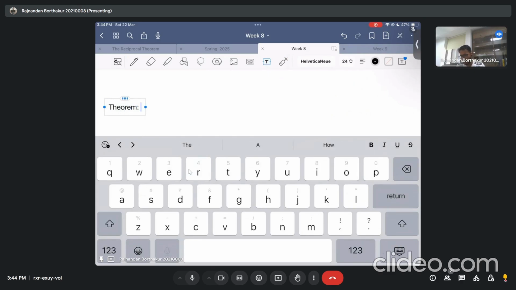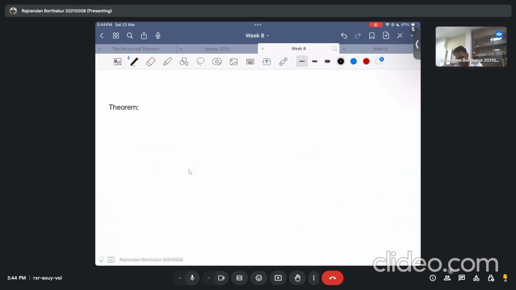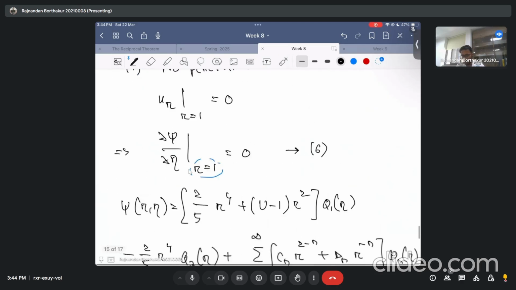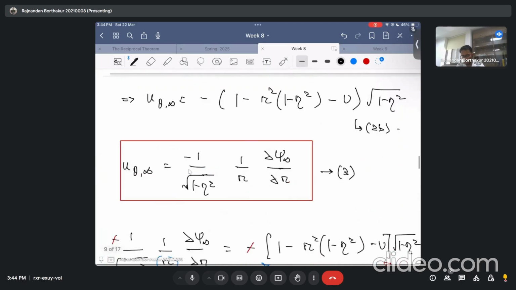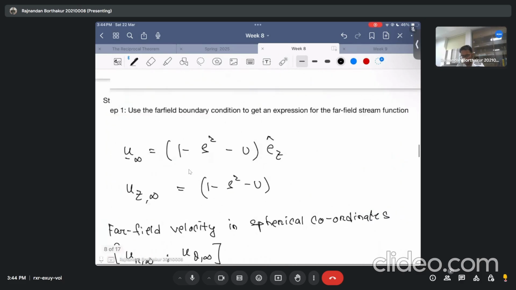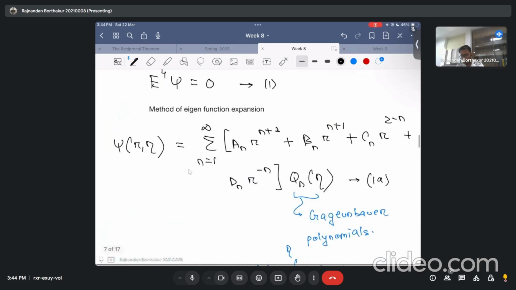So the theorem says that for any problem with psi(r, eta), that is the stream function, expressed as, so if we express psi in its general form, which we saw in the last class, that is the most general form of psi, which is your equation 1a.